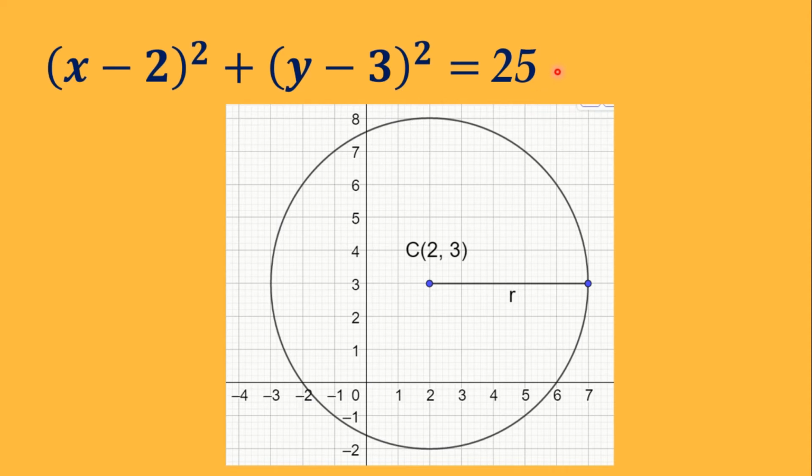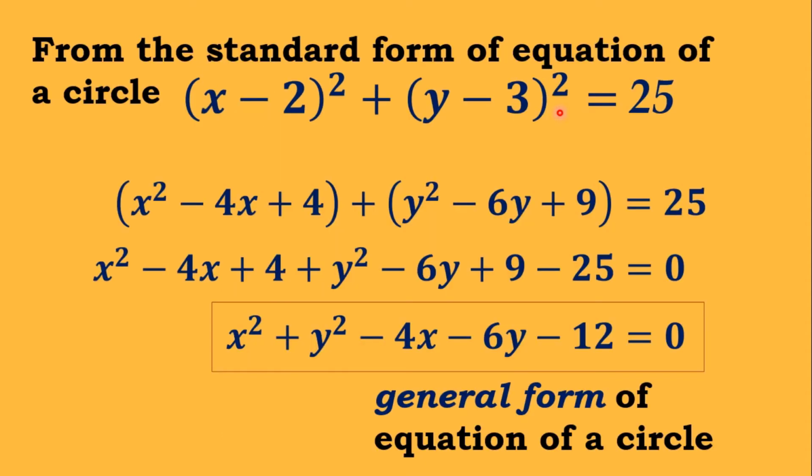If we wish to simplify the equation, it can be done by squaring the quantities (x minus 2) and (y minus 3), such that it gives us (x squared minus 4x plus 4) plus (y squared minus 6y plus 9) equals 25.